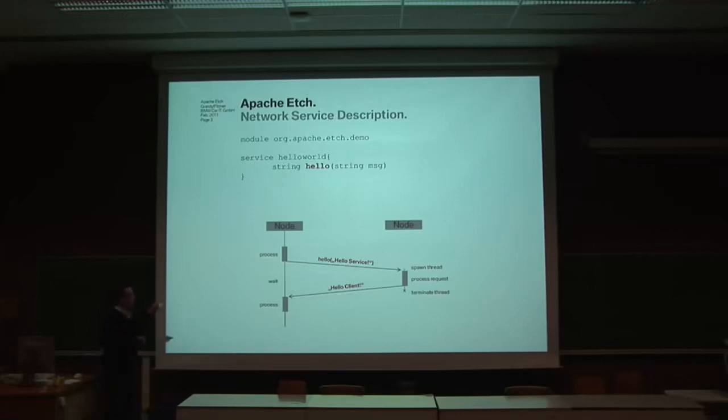You have nodes in your network, and here is, for example, TCP/IP communication and our service framework. What happens on the wire is that you say hello to your server, a response thread processes the request and tells you hello client. This is probably what all of you know from various RPC-based frameworks. You can do this in Etch too, but there is more that you can do.